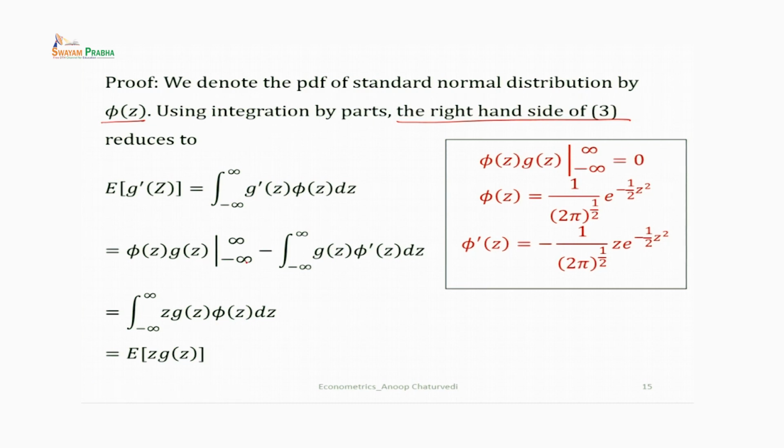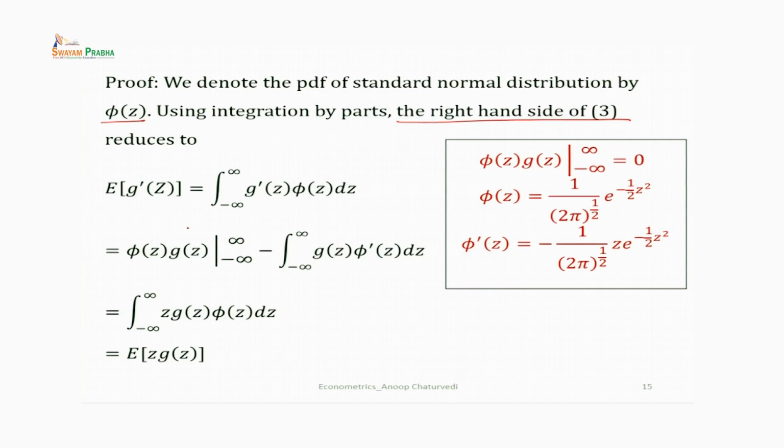So, you obtain G z, take the limit from minus infinity to plus infinity, minus, then we integrate from minus infinity to plus infinity, you take the integral of G dash z, which is G z, and then we differentiate phi z, which is phi dash z dz.